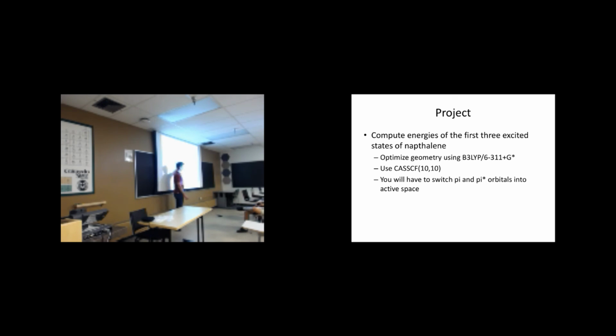So you're going to take that checkpoint file, view the orbitals, write the nature of each of the orbitals out in a notebook or whatever, and then decide which ones you have to switch in order to perform your CAS-SCF 10,10 or pi star active space. Any questions? All right, great.